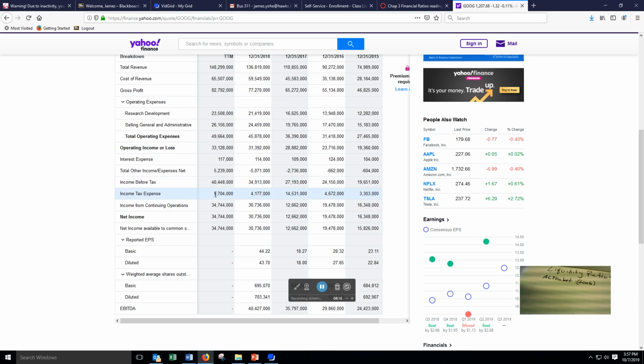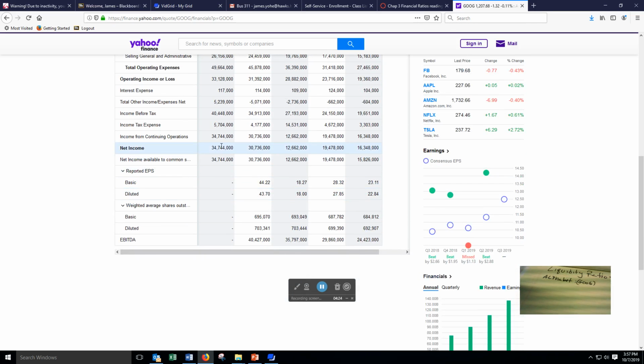Then they paid $5,704,000,000 in taxes, income from continuing operations here, and that becomes their net income. And there's also income available to common shareholders. Okay, so that's your income statement.